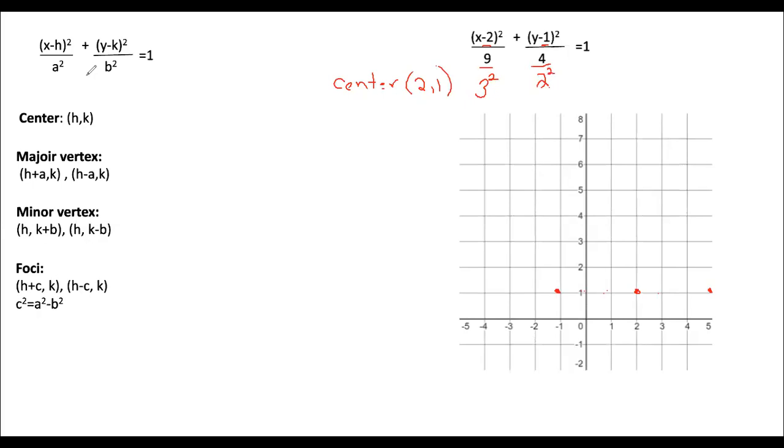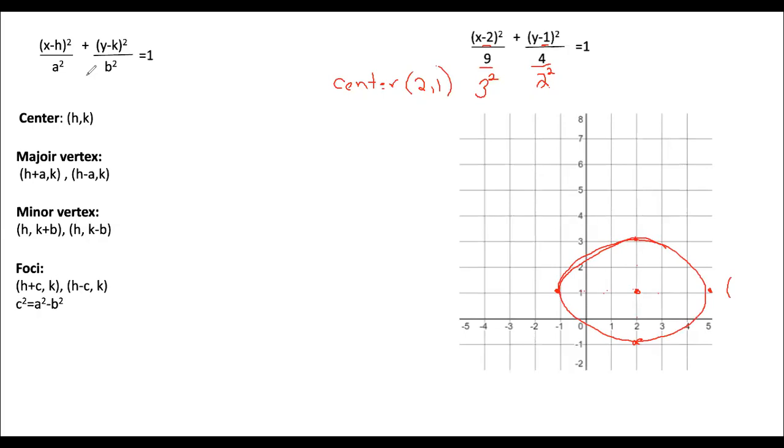So we're going to go 2 up and 2 down from our center. 1, 2 up, 1, 2 down. So these are the vertices of our ellipse. And we can go ahead and draw as smooth a, nice looking ellipse as possible through those points.